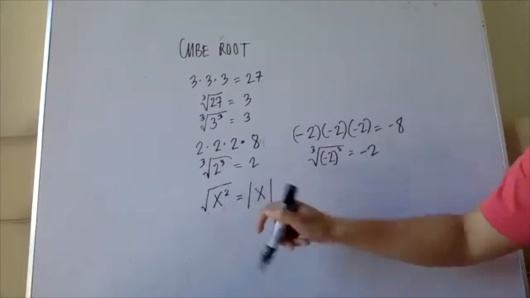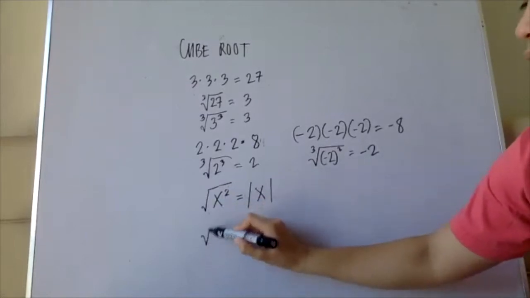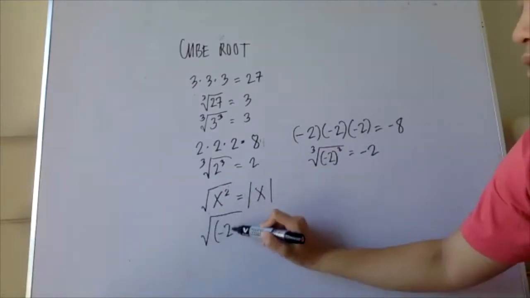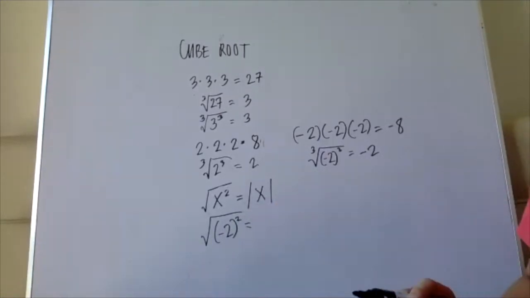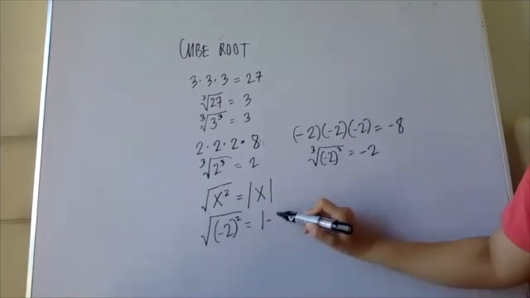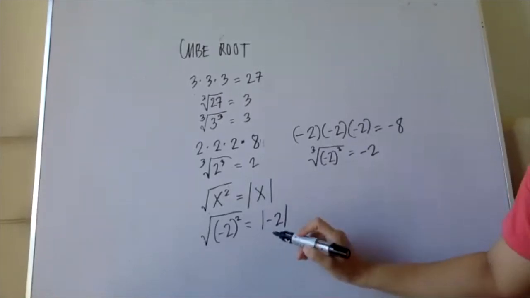Kapag kunwari, negative yung nilagay natin dito, let's say, square root of negative 2 squared, ang sagot natin dito would be absolute value of negative 2, not just negative 2.